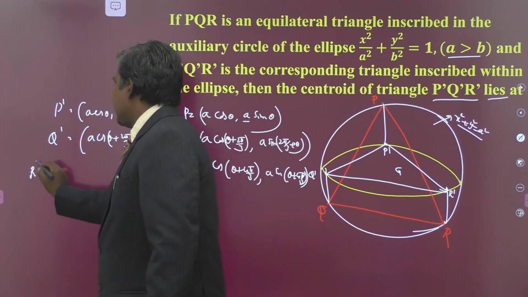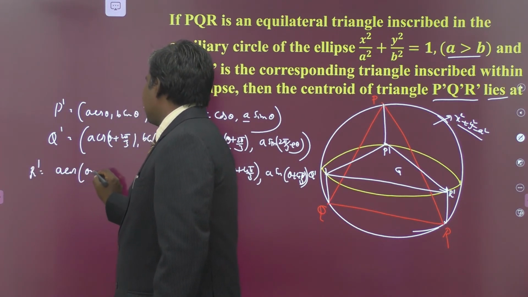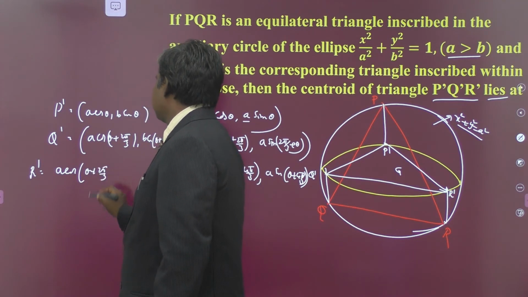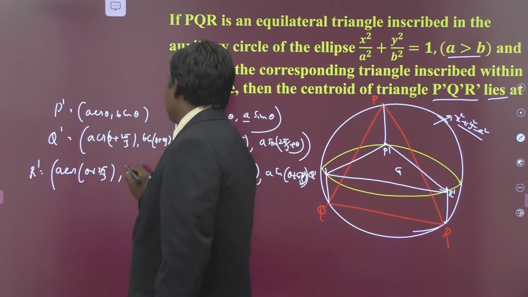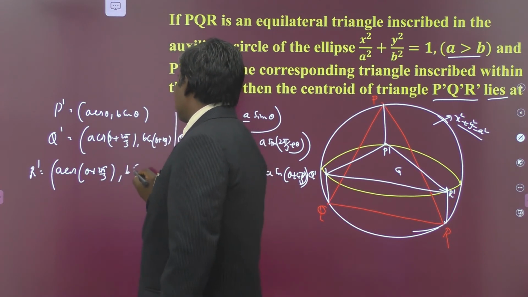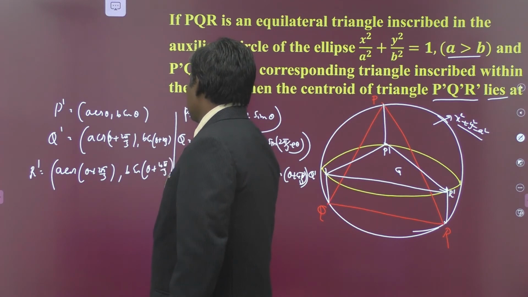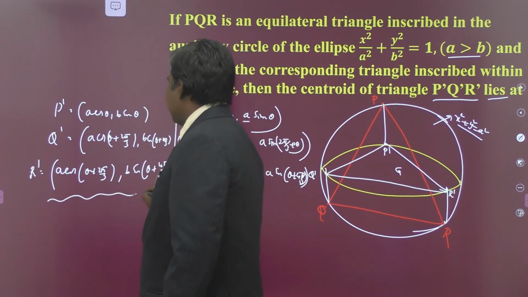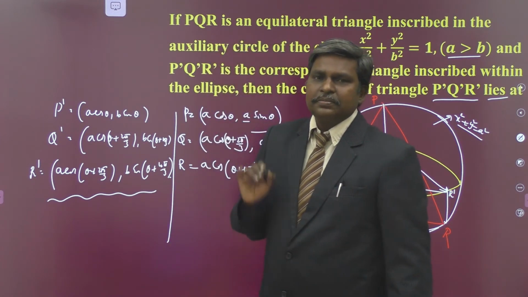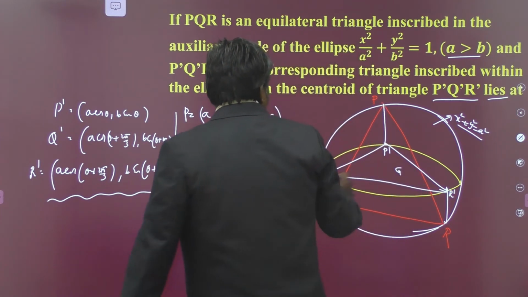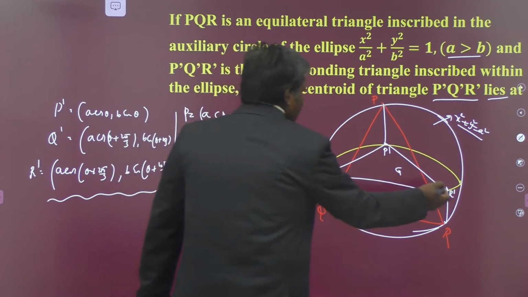Similarly, R dash is equal to a cos theta plus 4 pi by 3 comma b sin theta plus 4 pi by 3. These are the corresponding points P dash, Q dash, R dash on your ellipse. So this is P dash, this is your Q dash, this is your R dash.